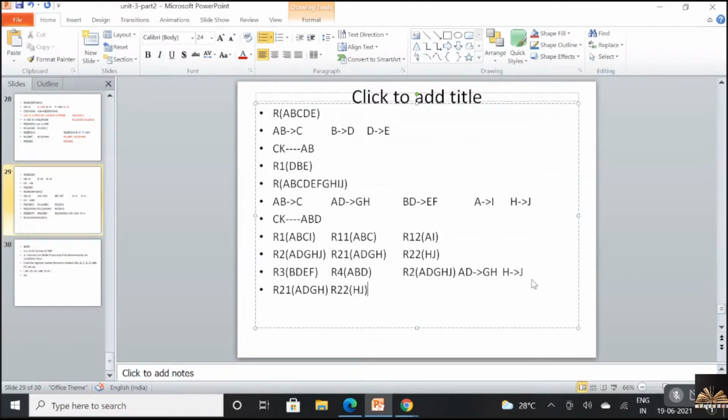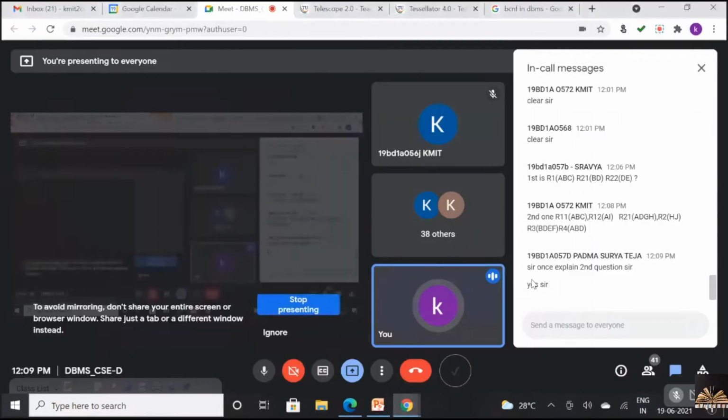So this way you have to look for the remaining one, which is your BD implies EF. There BD would be the key attribute. And lastly, you have got R4, which is nothing but ABD. Fine. Is it okay, Surya? Or still any problem?